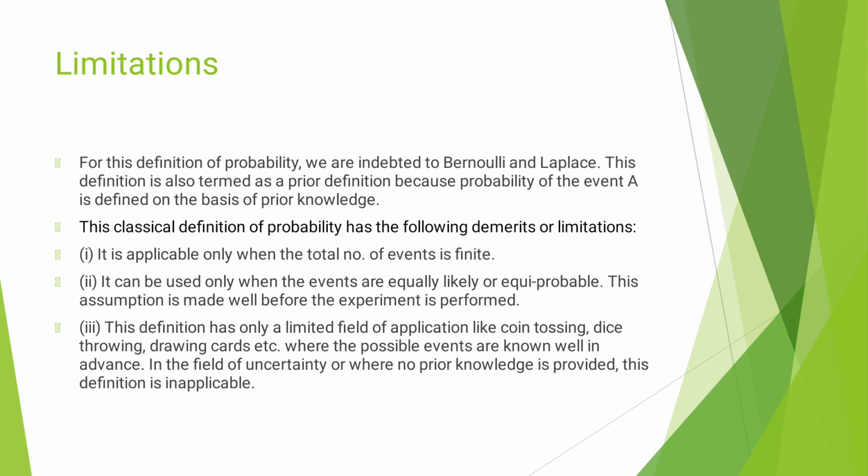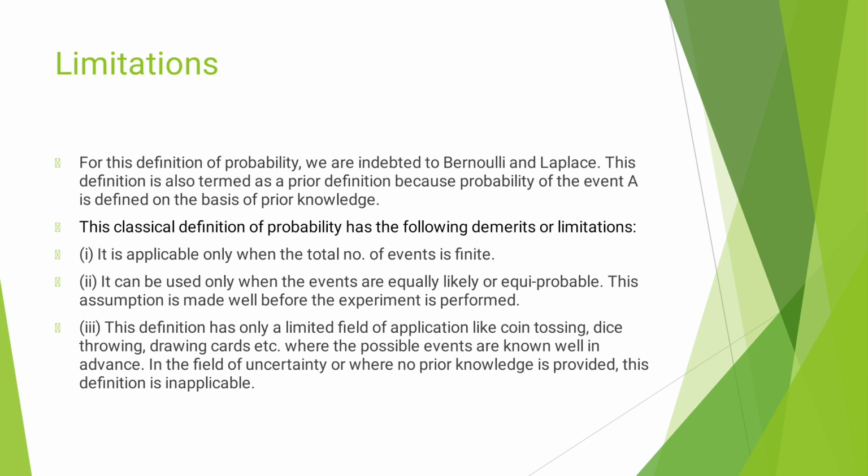Limitations. For this definition of probability, we are indebted to Bernoulli and Laplace. This definition is also termed the a priori definition because the probability of event A is defined based on prior knowledge. The classical definition of probability has the following demerits or limitations.